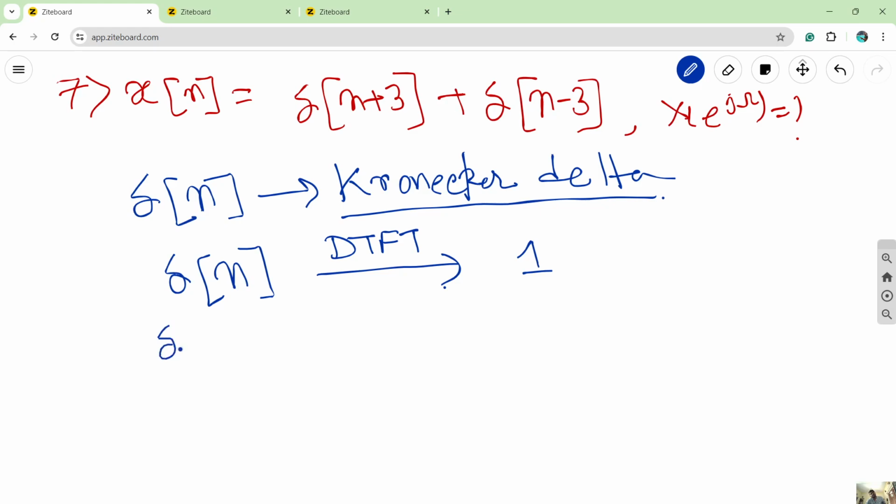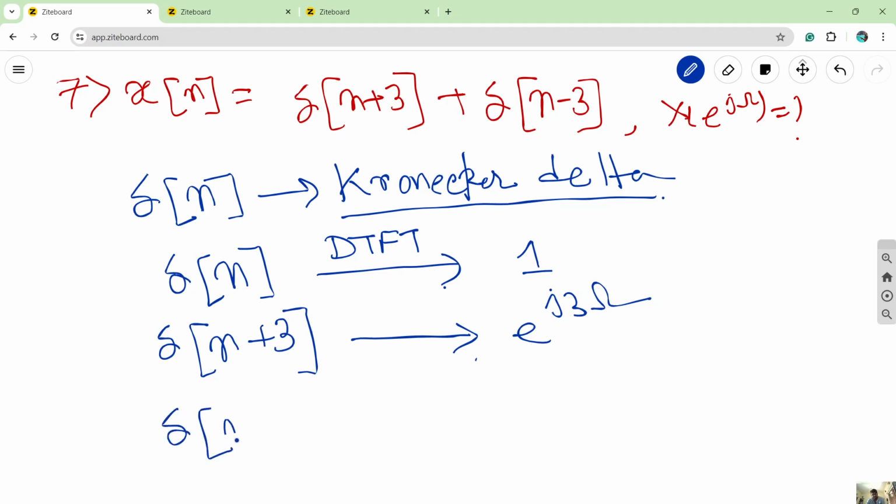Now, if we do a time shift of del of n plus 3, it becomes e to the power j 3 omega.